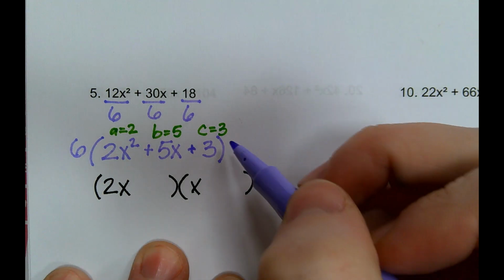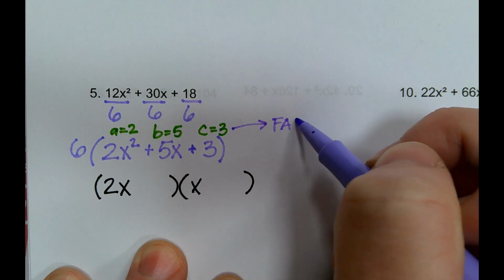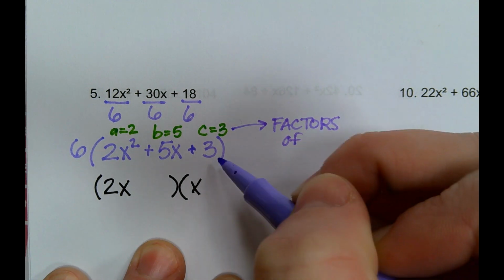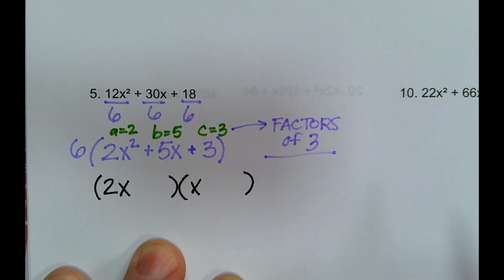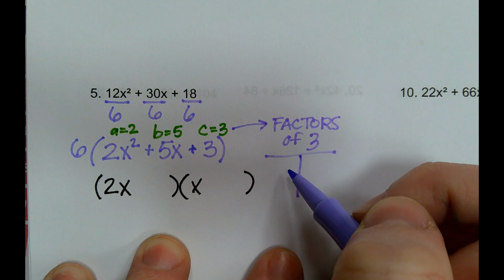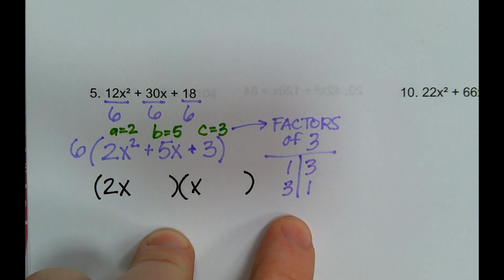Let's talk about our factors of C. Luckily, our C is 3, so there's only one option. But really, there's kind of two options, actually. Let's talk about that. We've got 1 and 3 or 3 and 1. Okay.